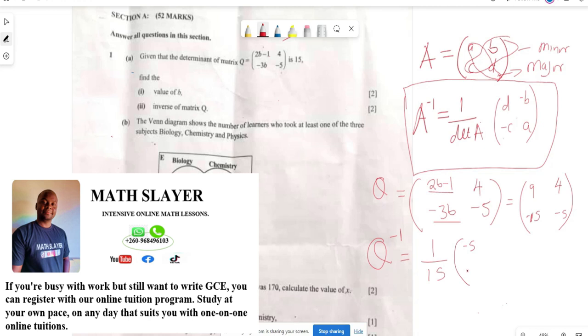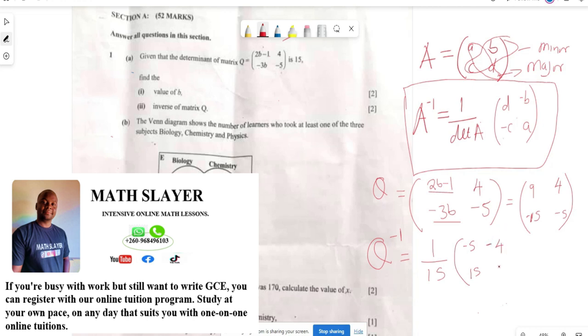Underneath negative 5 we're going to have positive 15. Very good. And then on the other side, we'll have 4. Sorry, this is supposed to be negative b. Yes, negative 4. Negative 4, very good.